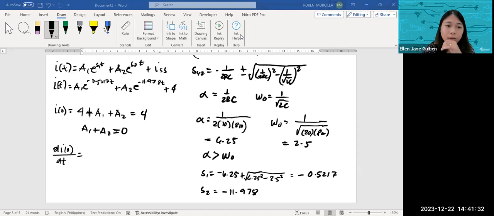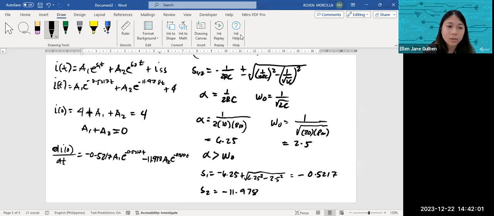Okay, so we will have negative 0.5217 A1 e to the negative 0.5217 t minus 11.978 A2 e to the negative 11.978 t. For when you derive it, the 4 becomes 0.